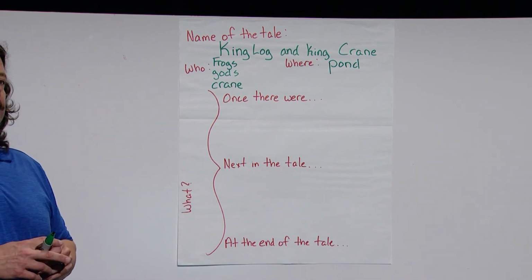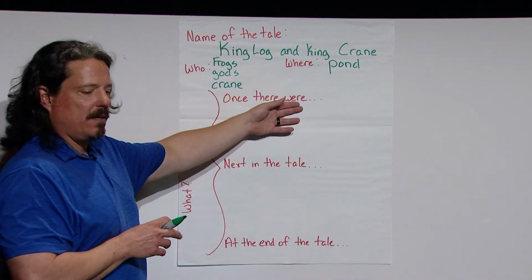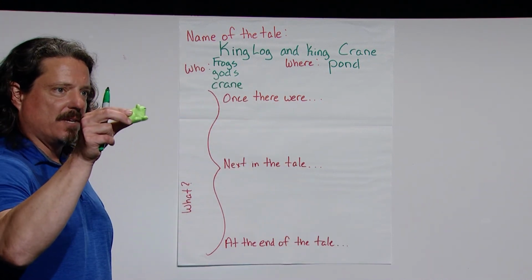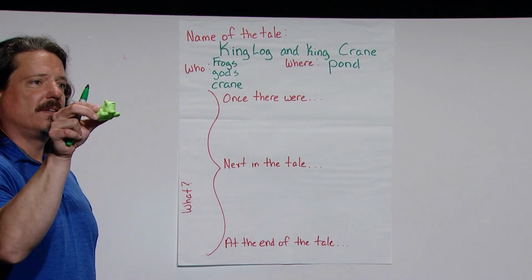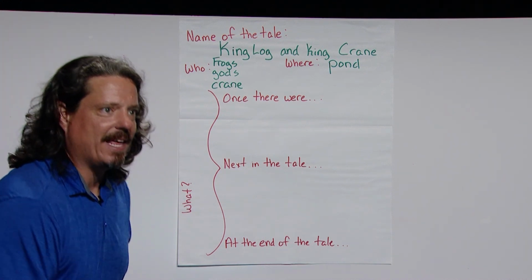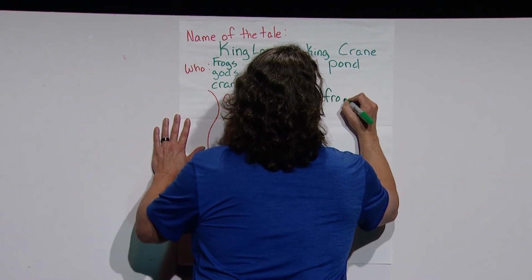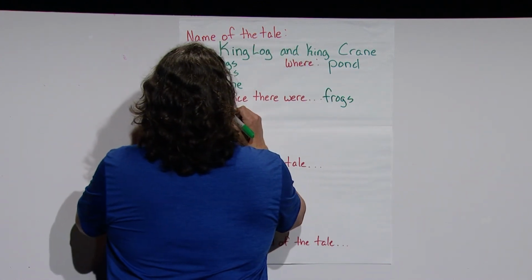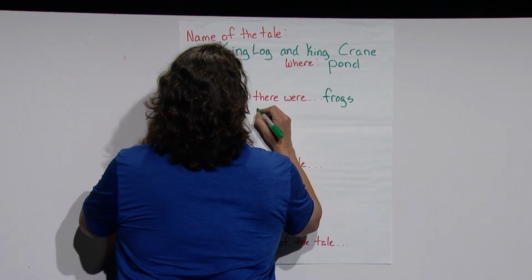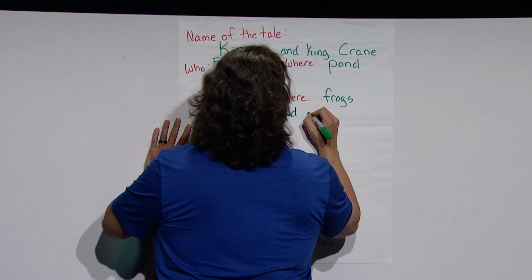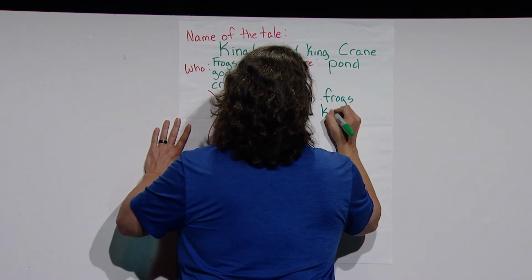So if we think about it, once there were some frogs. And what did those frogs want? A king. So let's write that. Once there were frogs who wanted a king.